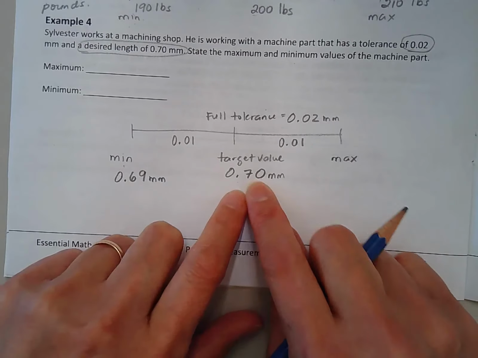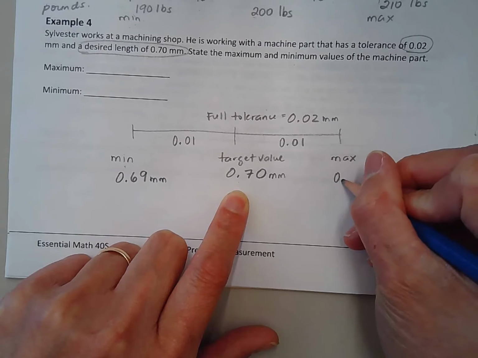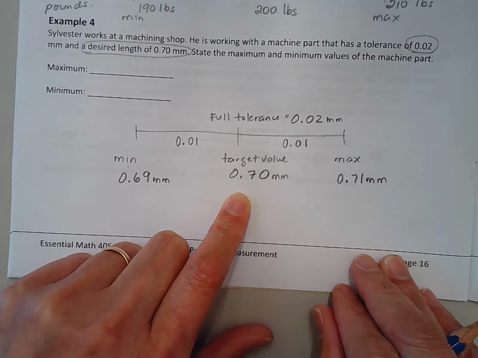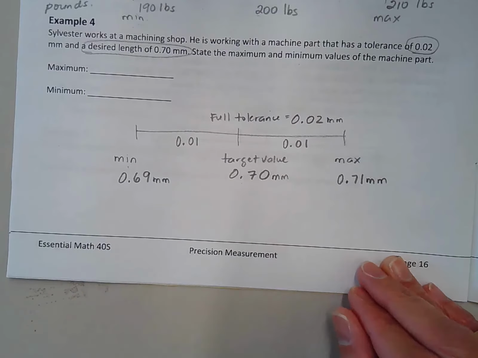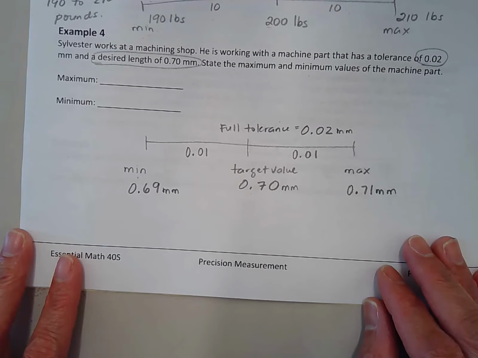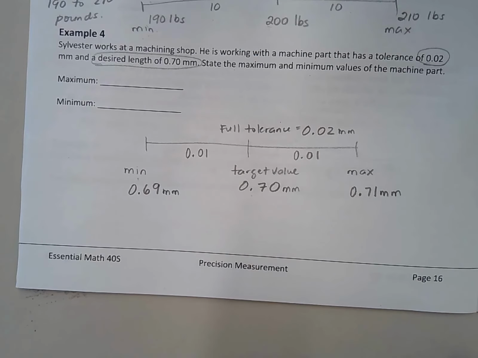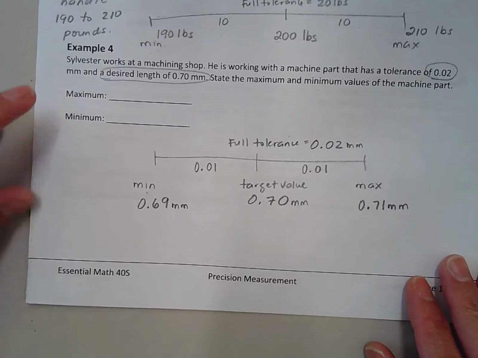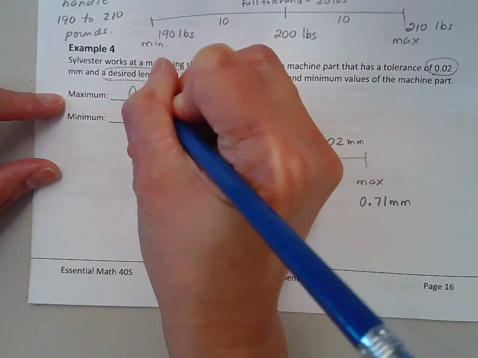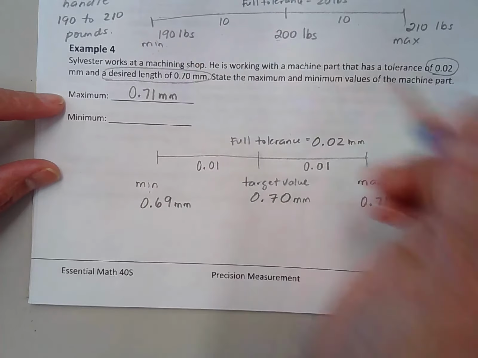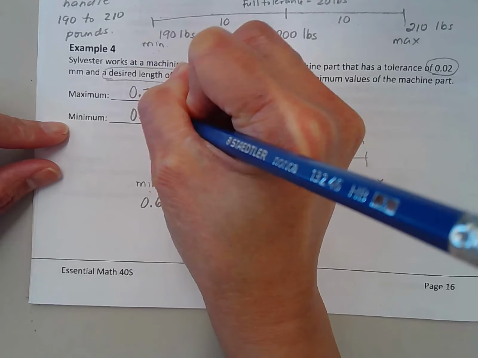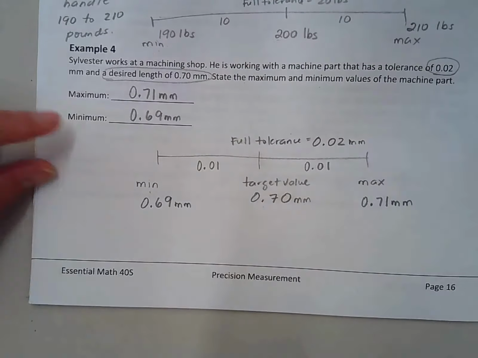And then if you go this way, it's going to be 0.71 millimeters. So it's a very, very fine range of values, right? So maximum is 0.71 millimeters, and then minimum is 0.69 millimeters.